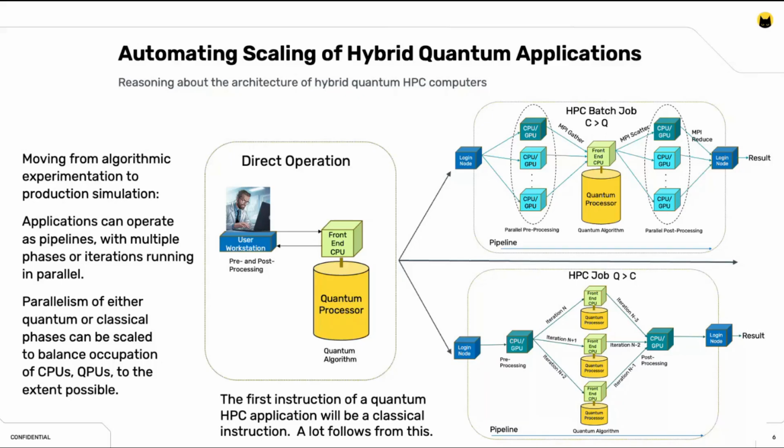If I step away from the current reality that quantum processors are very scarce, very limited, and very expensive, and I'm just looking at this as a guy who's architecting computing systems, it's like, oh, I have a specialized processor. It has its quirks. Sometimes I'm going to need more classical than quantum in a processing pipeline and a simulation pipeline, for the sake of argument. Sometimes I'm going to need more quantum than classical.